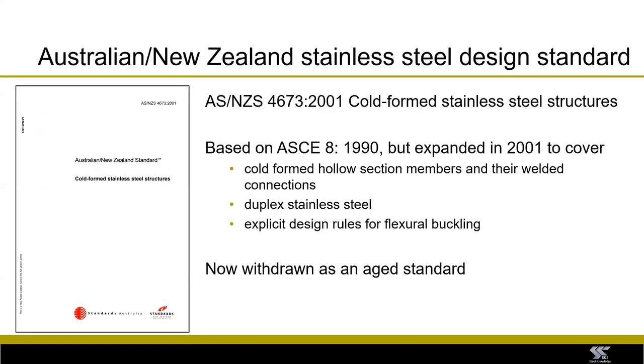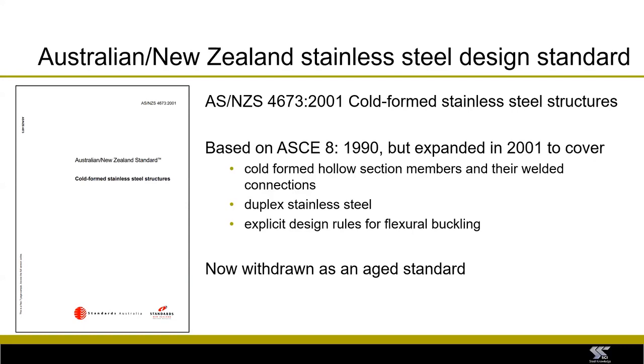And firstly, of course, the Australian New Zealand stainless steel design standard covers cold-formed structures. The most recent version was published in 2001, so quite a while ago. And this updated an earlier version that was based on the American Society of Civil Engineers ASCE 8 specification for cold-formed stainless steel structures.